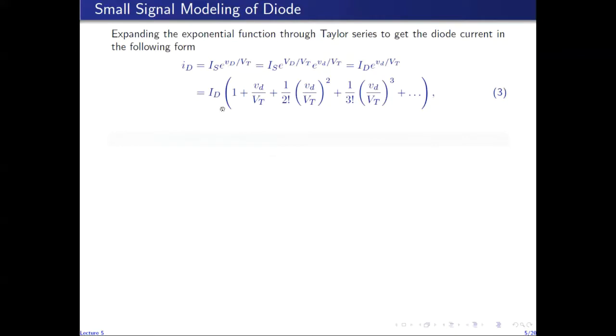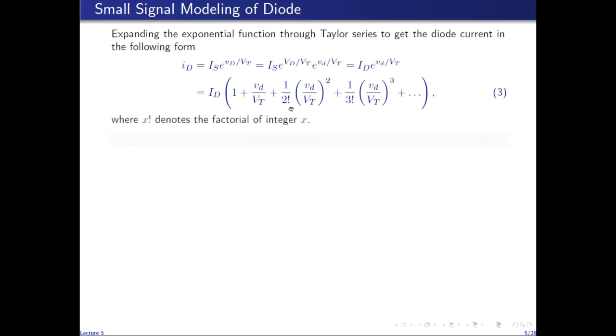So this is the Taylor series expansion of this exponential function around 0, in which you can see that in addition to these linear terms, we have nonlinear terms as well, and there are actually infinitely many nonlinear terms.